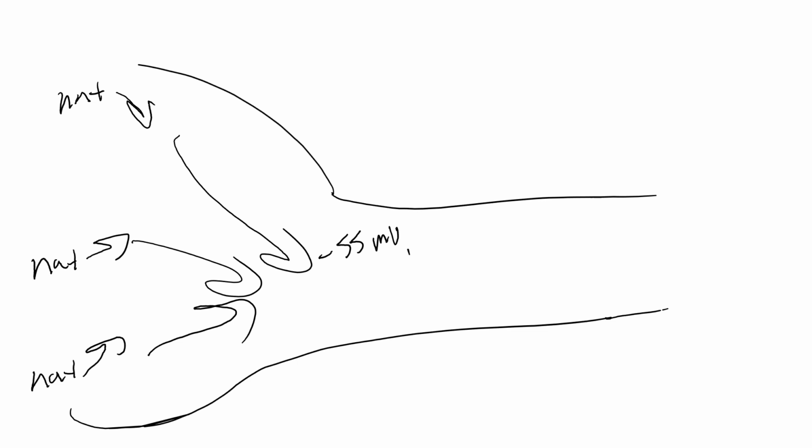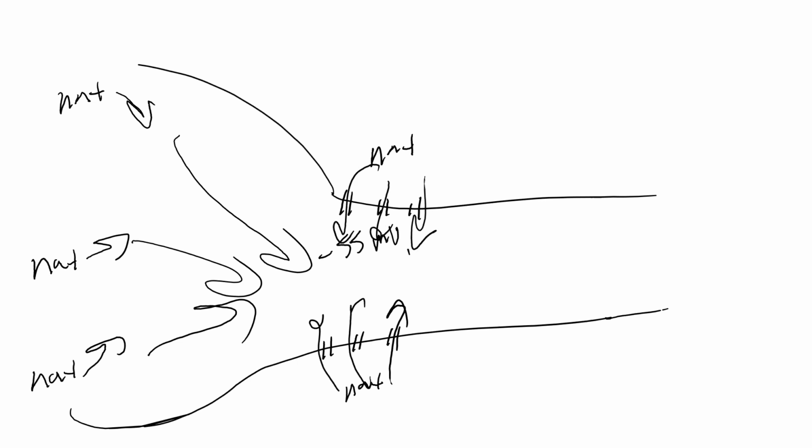And that will cause voltage-gated sodium channels within the plasma membrane of the hillock to pop open, and that then will serve as a passageway for sodium ions to move from the interstitial fluid into the intracellular fluid or cytosol of the axon hillock.